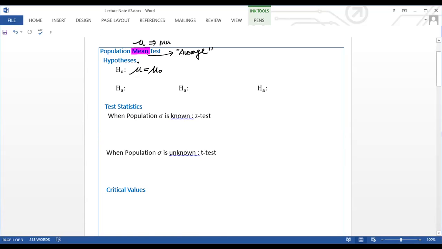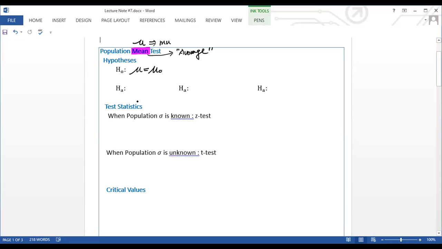For example, if I want to test whether the average family income in these cities is 65,000, then my mu 0 is 65,000. So mu 0 is the specific value you want to test.